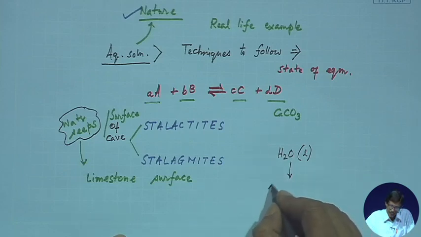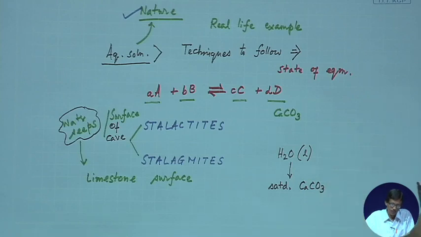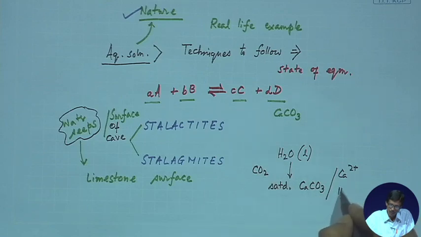So, it gives us a saturated solution of calcium carbonate. This saturated solution of calcium carbonate, in presence of CO2, gives Ca2 plus and HCO3 minus.